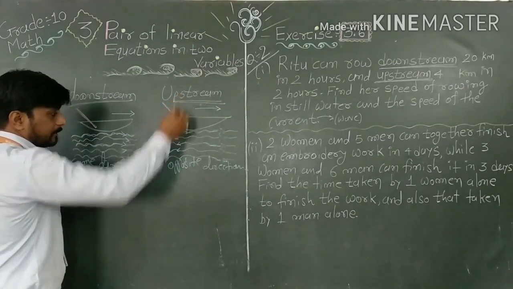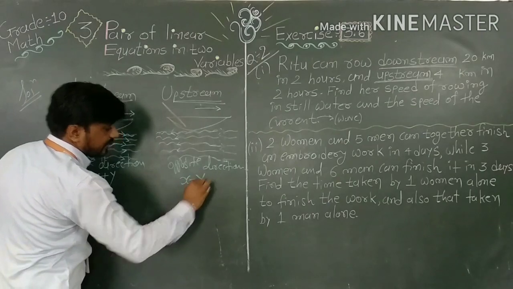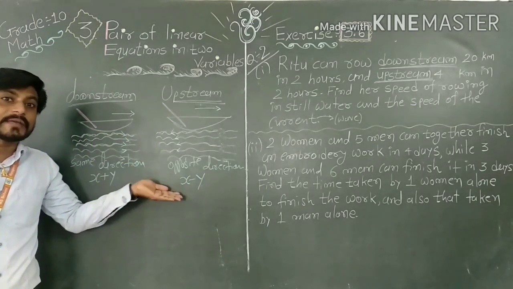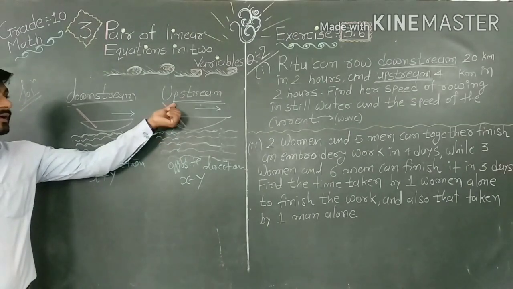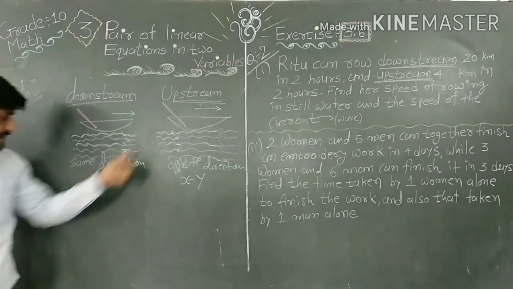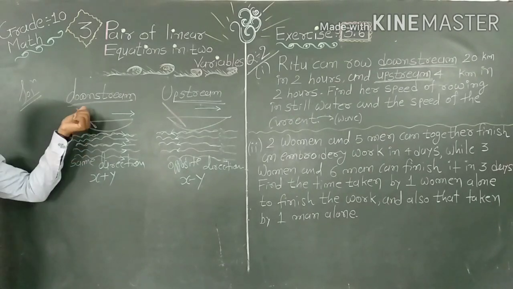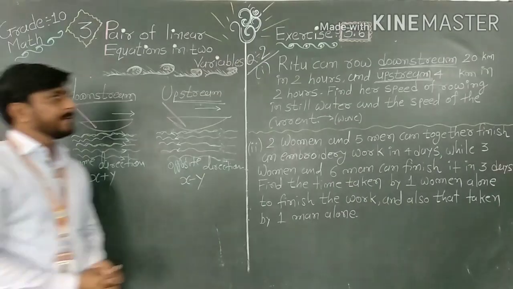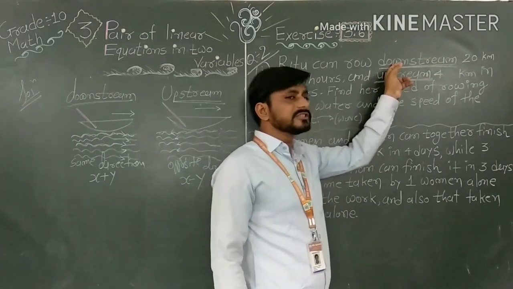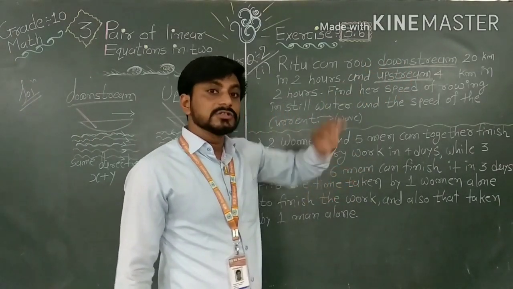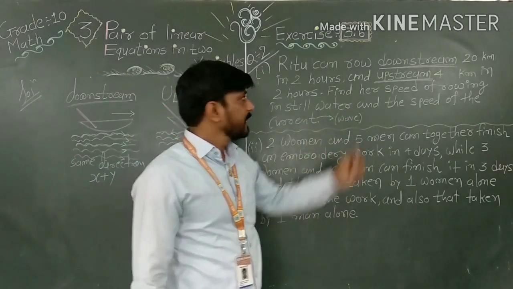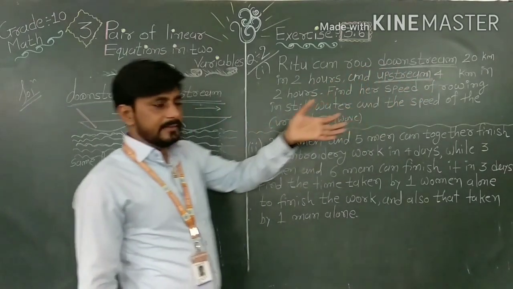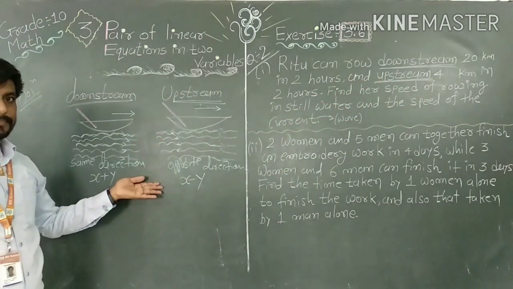That means in upstream we take x minus y. This is the speed of the boat in upstream, and x plus y is the speed of the boat in downstream. Again I repeat, downstream means x plus y, addition of both speeds, and upstream means subtraction of both speeds, x minus y.